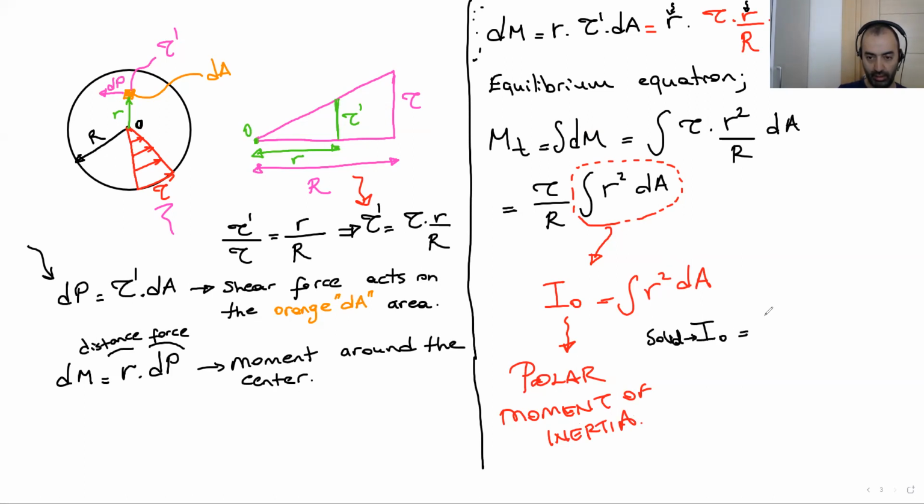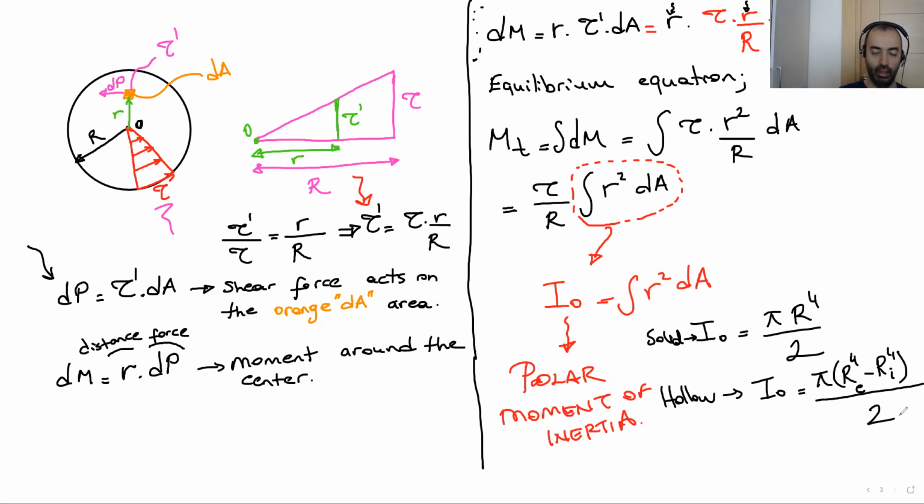I0 for hollow is pi times R external to the fourth minus R internal to the fourth over 2.